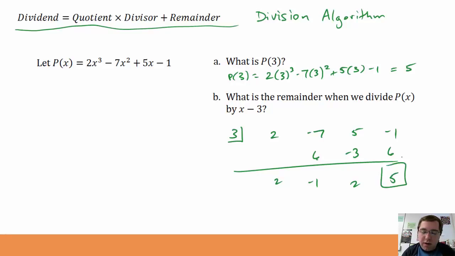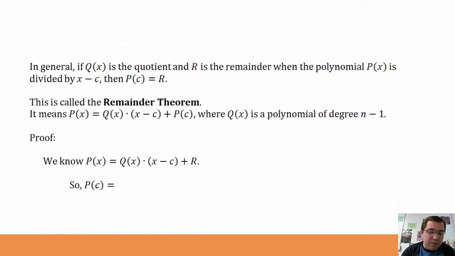I get a remainder of 5. Hey, wait. That was the same thing that I got p of 3 to be. So p of 3 had the same value as the remainder when I divided by x minus 3. Is that a coincidence? Absolutely not. So let's see why.